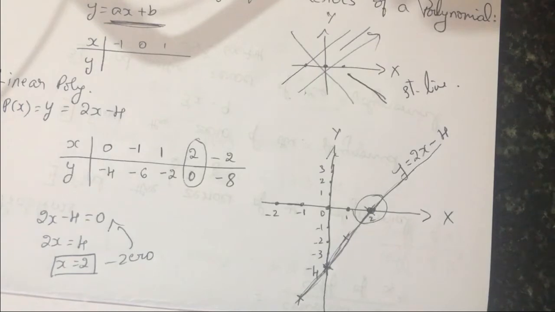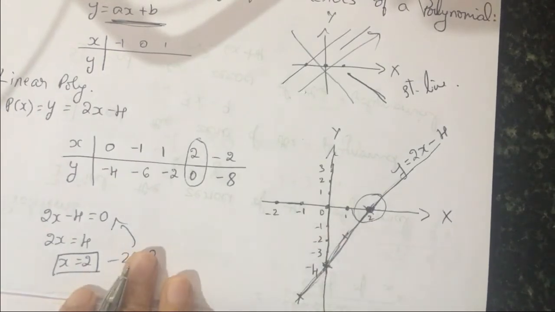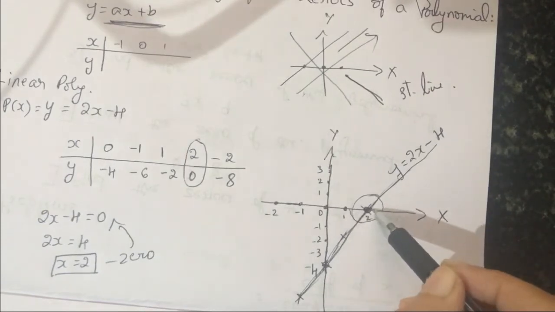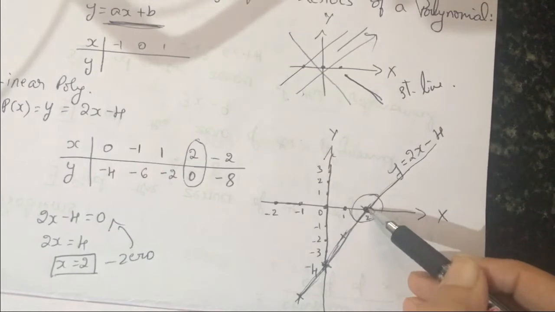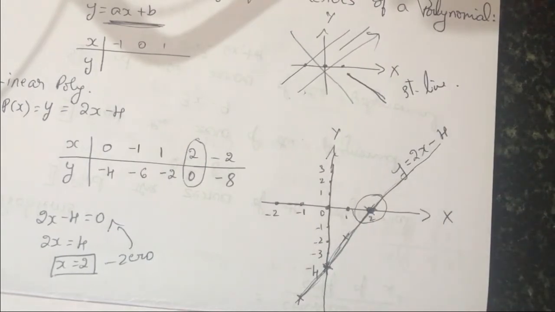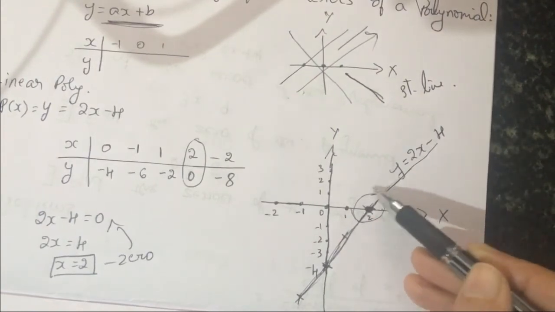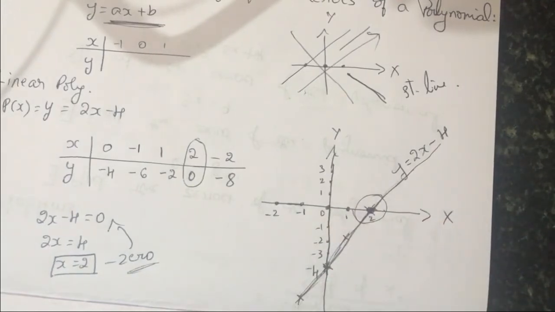So zeros are the roots of a polynomial. The zeros of the polynomial are the x coordinates of the point where the graph of the polynomial intersects the x-axis. At this point where the graph of the polynomial intersects the x-axis, that point is nothing but the 0 of the polynomial.